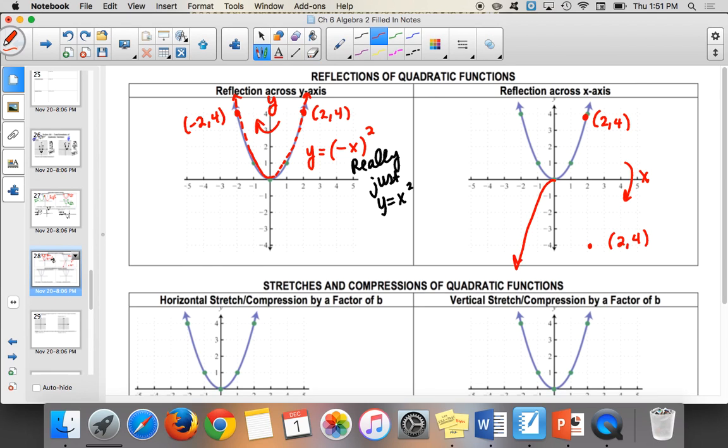That's the one that makes the parabola upside down. What that will look like as a function is y equals negative on the outside and then x squared. So do you guys see, when we have a negative not in parentheses with the x, that must affect the y value. Anything inside parentheses affects the input, the x value. Anything outside of parentheses affects the y value.